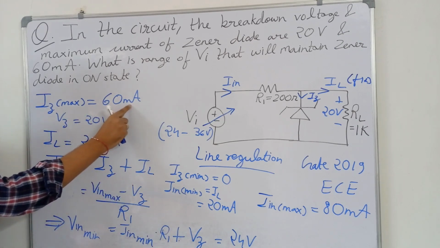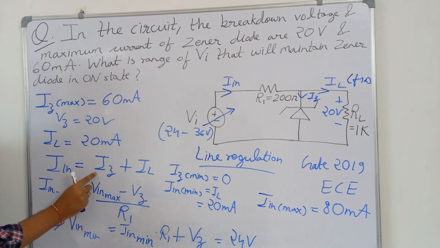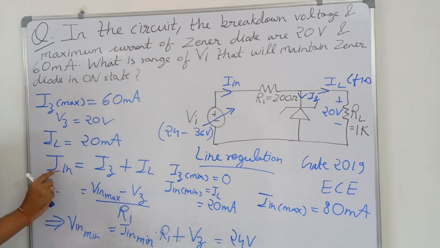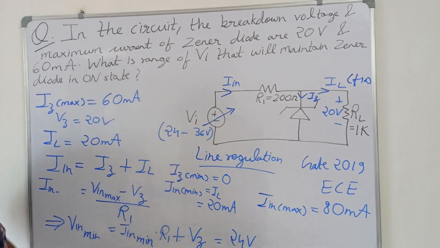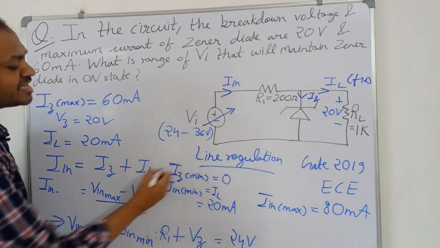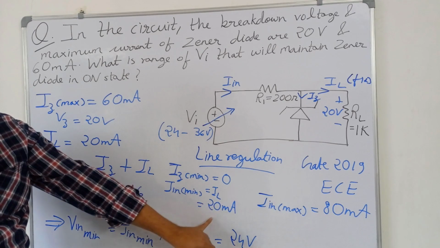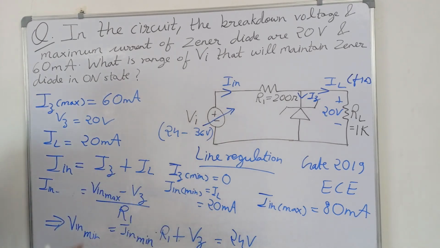Iz maximum was 60 milliampere, so 60 plus 20 is 80 milliampere, and Iin minimum is equal to IL because for Iin minimum we consider the minimum Zener diode current, and minimum Zener diode current is 0. So Iin minimum is simply equal to IL, 20 milliampere, and based on Iin we can find the maximum or minimum value of Vin.